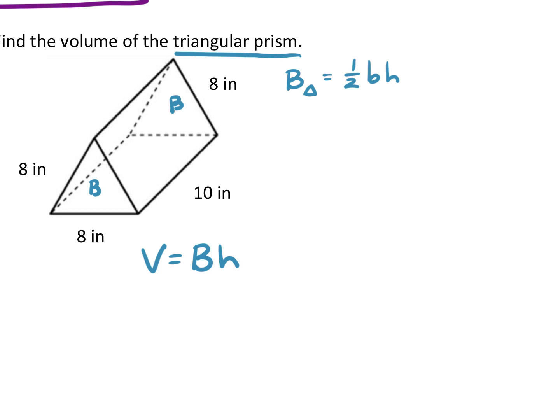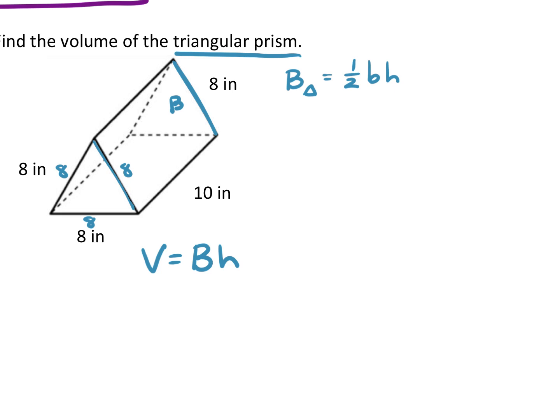What dimensions do you know of this triangle? 8, 8, 8. We know all the way around. This is 8, so that means this is 8. We know this is 8. We know this is 8. Okay, so you have what type of triangle here? Equilateral.